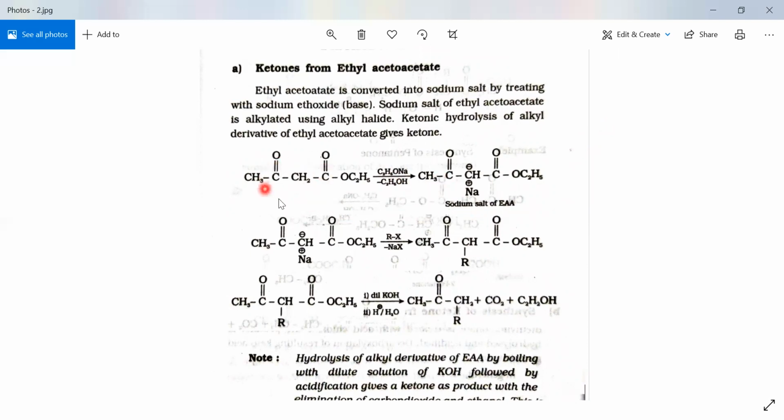So this is ethyl acetoacetate. When treated with sodium ethoxide, it eliminates the active methylene hydrogen, replacing the proton by sodium, giving the product sodium salt of ethyl acetoacetate, and eliminating C2H5OH, ethyl alcohol.